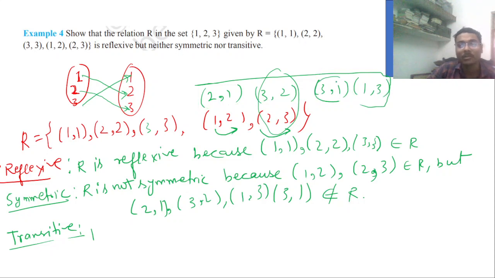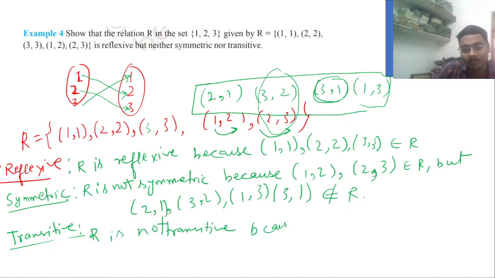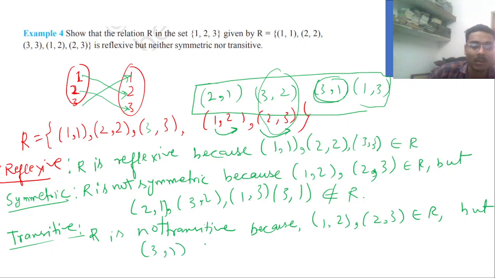So this one pair is missing here. That's why this relation is not transitive. So R is again not transitive because (1,2), (2,3) belongs to R, but the third pair, which is (3,1), does not belong to R. That's why the transitivity is not getting completed.